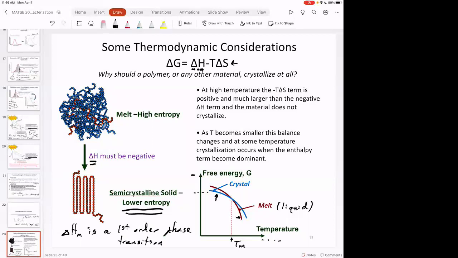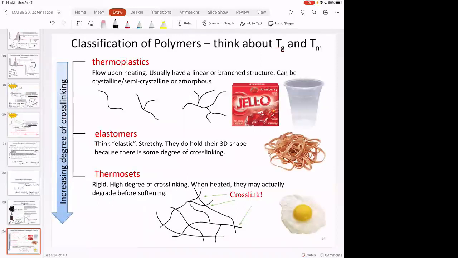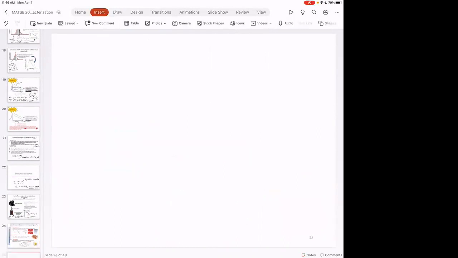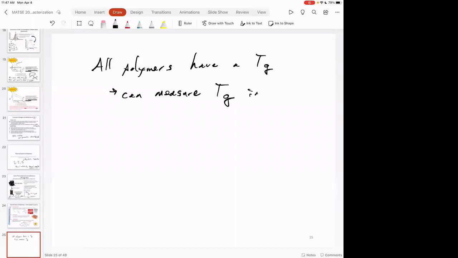Great. And we'll just put delta H fusion there in parentheses. Okay. We've seen this before. What's TG? What's TM? And so one thing to remember is that all polymers have a TG. And we can measure TG in most polymers.